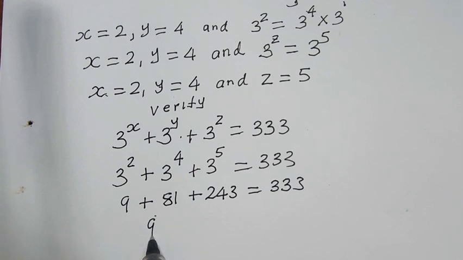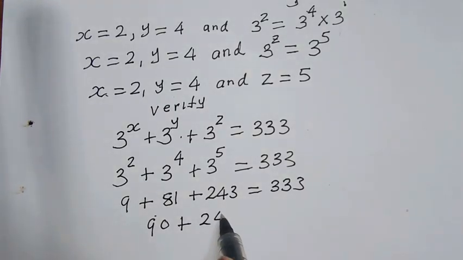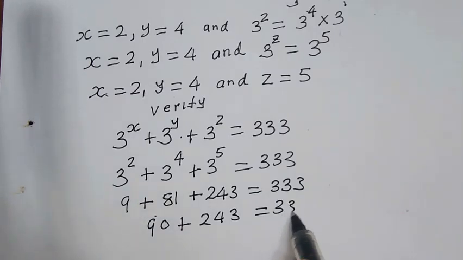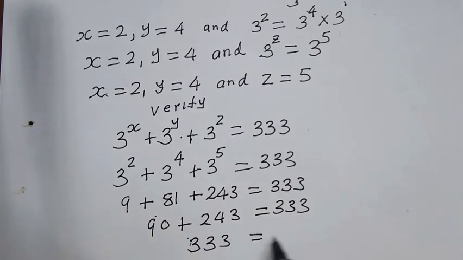We have 90 plus 243 equals 333. 90 plus 243, the answer is 333, which is equal to 333.